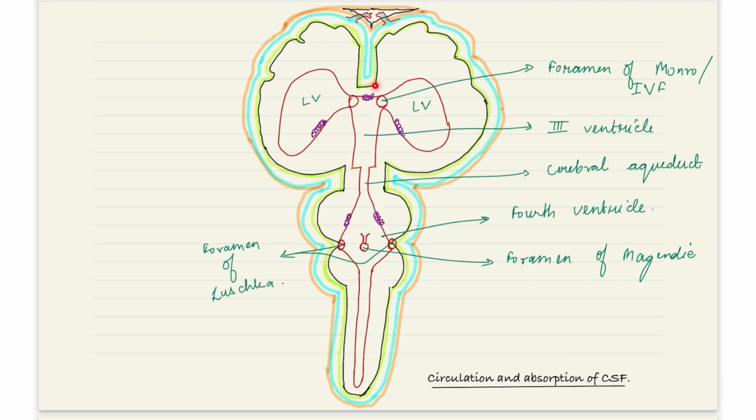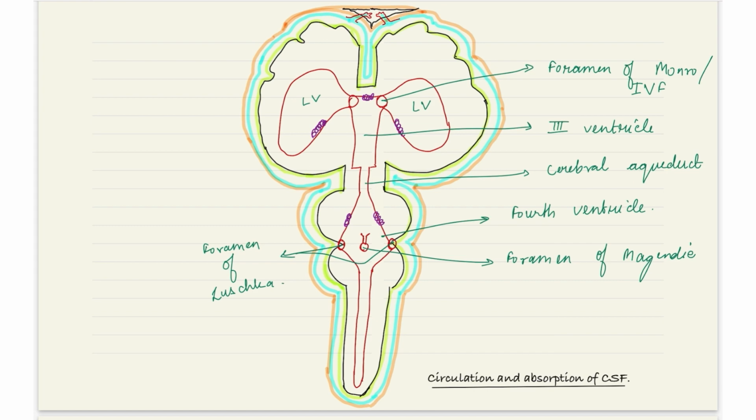Now, this black lining is the brain substance, and the green highlighted part is the pia mater which is stuck to the brain substance. The blue highlighted part is the arachnoid mater, and between the arachnoid and the pia mater, this space is the subarachnoid space where the CSF flows. Outside the arachnoid mater is the dura mater.